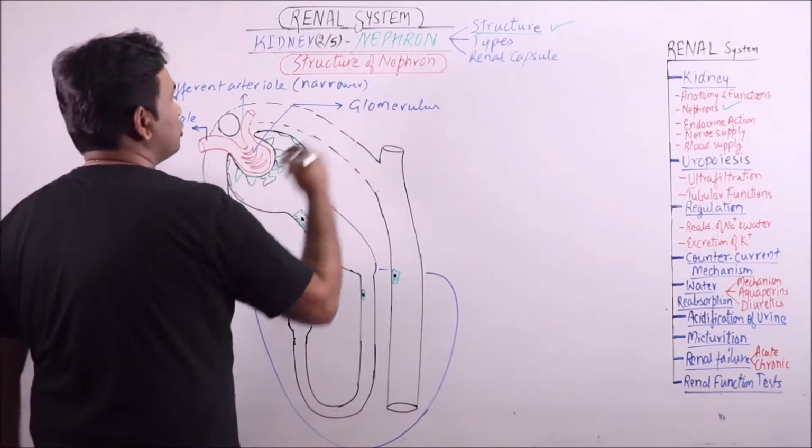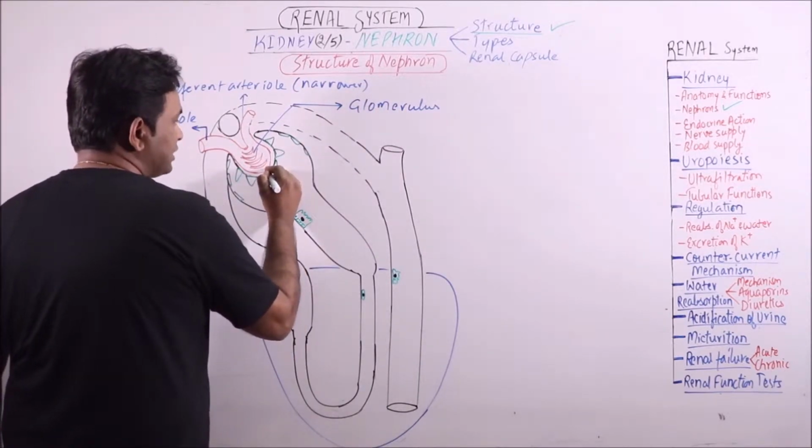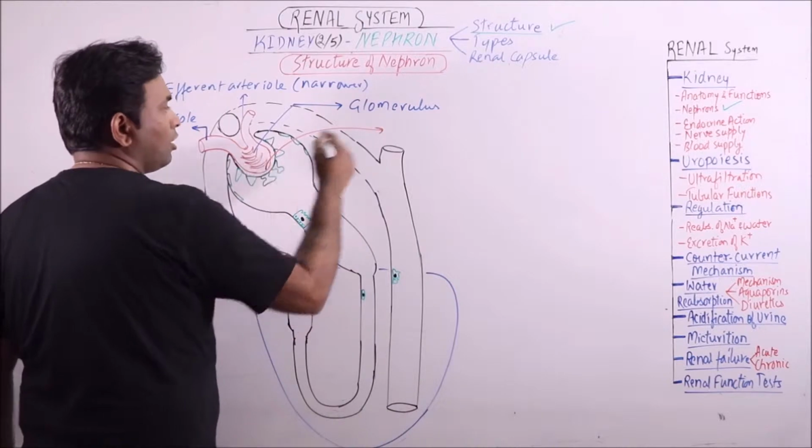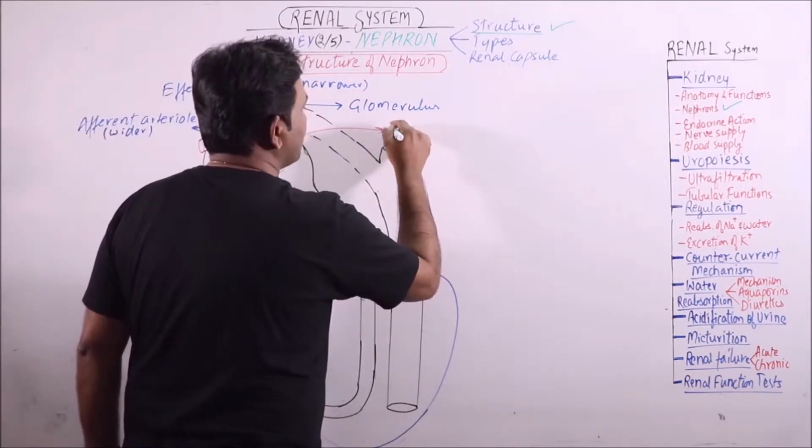So here this is glomerulus and this is lining of glomerulus or capillary.